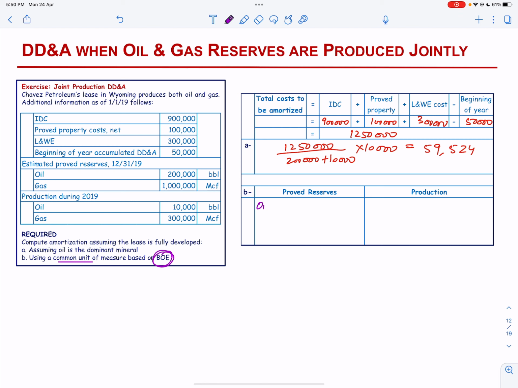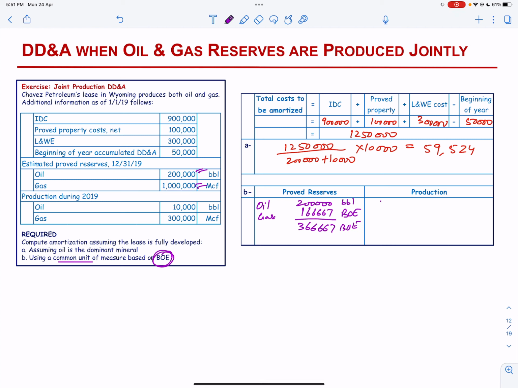Proved reserves for oil is 200,000 barrels, and gas will be converted into barrels by dividing by 6, that will be 166,667, and the total will be 366,667 barrels of oil equivalent.